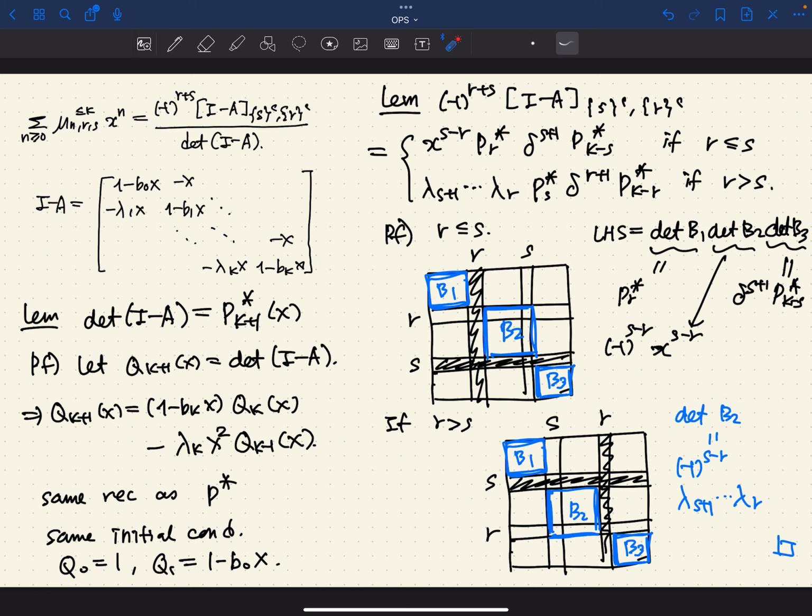And I'm going to give you a more interesting proof, with a combinatorial flavor. So I'm going to give you another proof, a combinatorial proof.